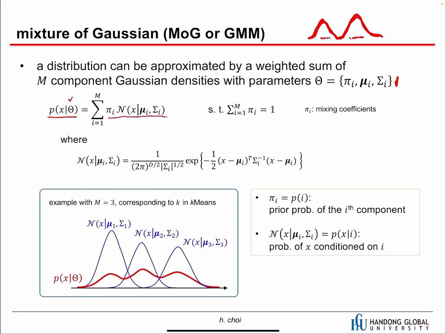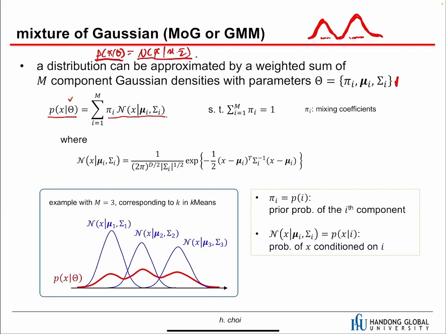Before, when we talked about probability with a single Gaussian distribution, p of x given theta was something like this, right? So when we assume that the data sample can be modeled by a single Gaussian distribution, then the probability of x given theta can be modeled by this.